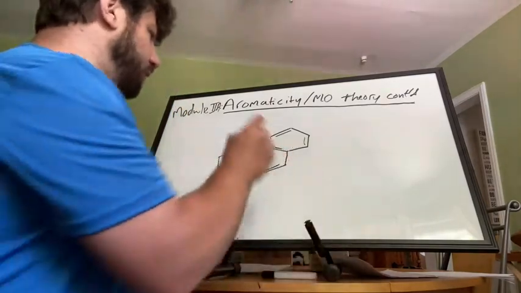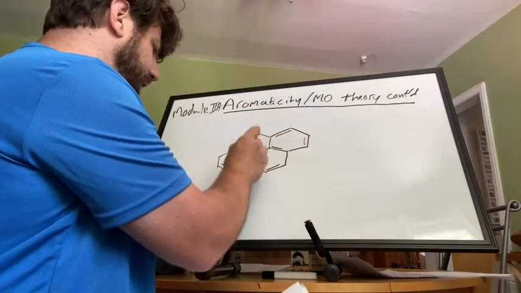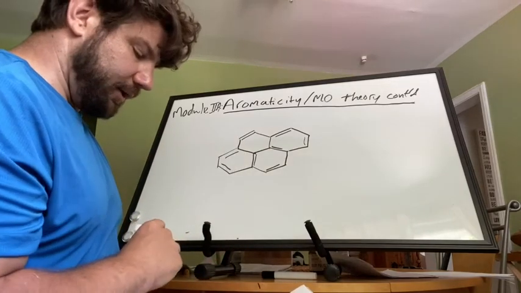So we have a total of 1, 2, 3, 4, 5, 6, 7, 8, 9, 10, 11, 12, 13, 14, 15, 16 pi electrons.